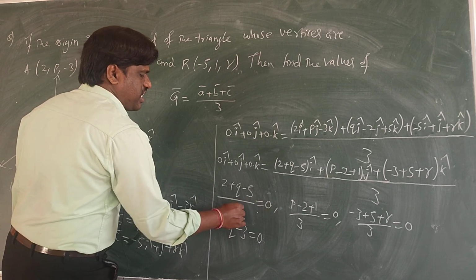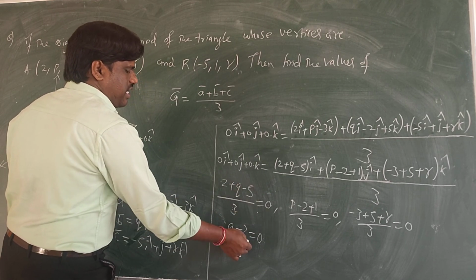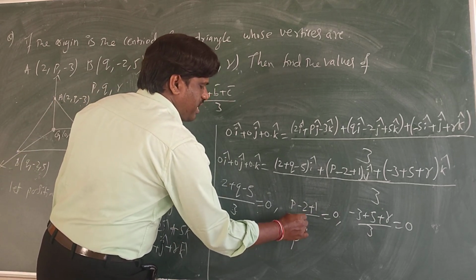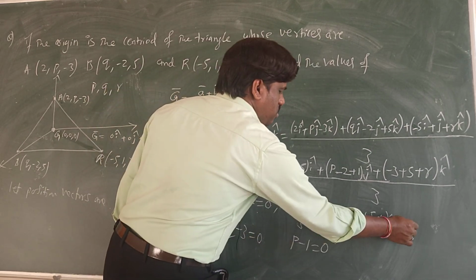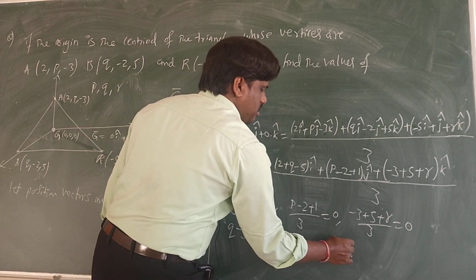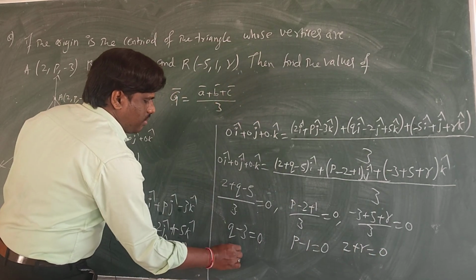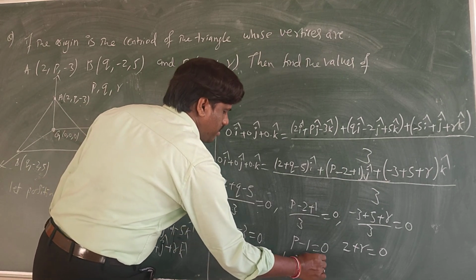Then p minus 1 equal to 0. And 5 minus 3, that is 2, plus r equal to 0. So the q value will be 3, the p value will be 1, and the r value will be minus 2.